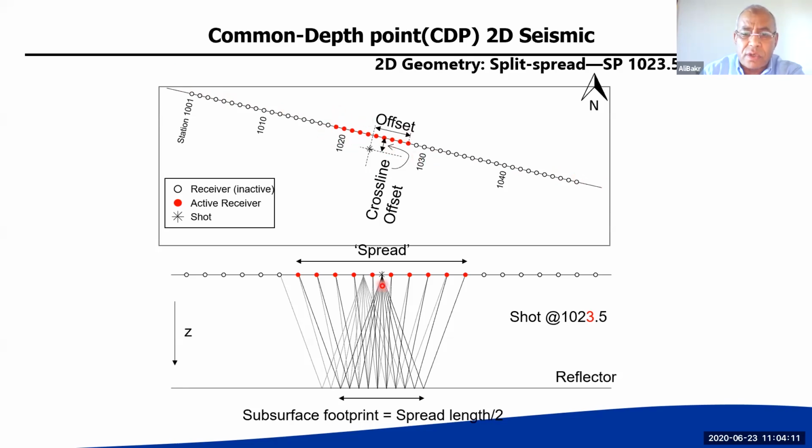So if I go to the cross section, you have the line, and in the middle of the line you have the firing point, the point from which we are producing sound energy. The sound energy goes to the subsurface to a reflector. The reflector represents 2 beds, the bed above the reflector and the bed below it, and those 2 beds have a difference in velocity and density, which we call acoustic impedance.